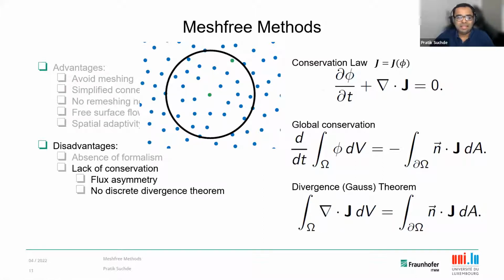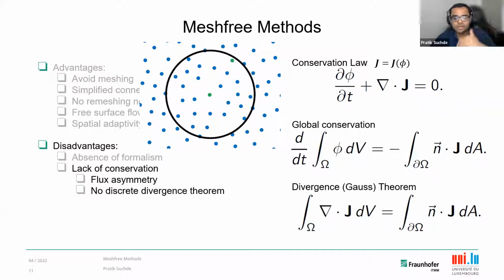Now, a second disadvantage that's usually neglected in mesh-free methods is a lack of conservation. What do I mean by this? Let's say we are solving the conservation law on the right. If we were to discretize this with, say, a finite volume method, you have a discrete notion of a Gauss theorem, which means that if I consider the flux between adjacent cells, I know that it is equal and opposite.